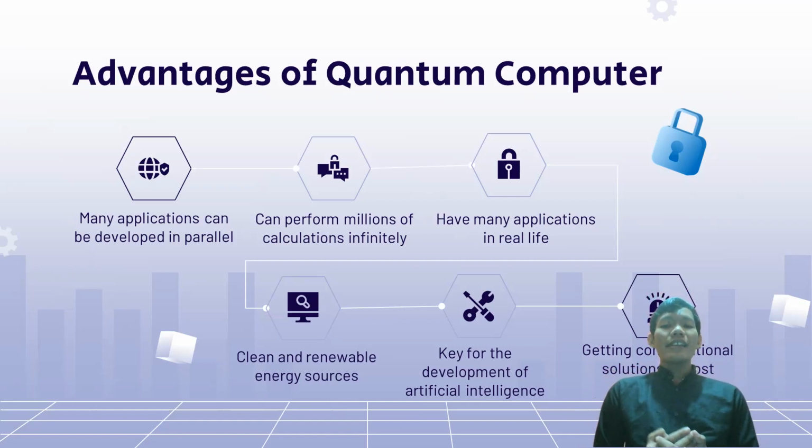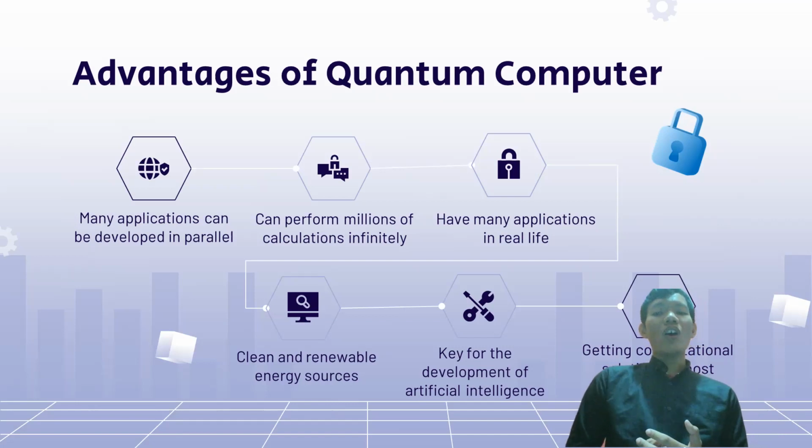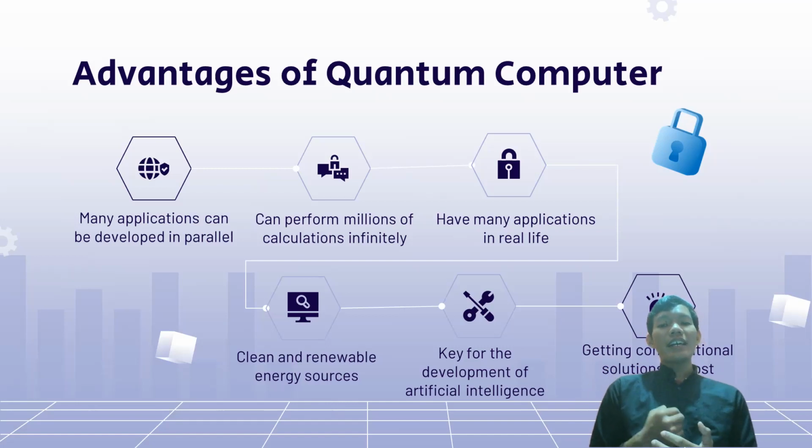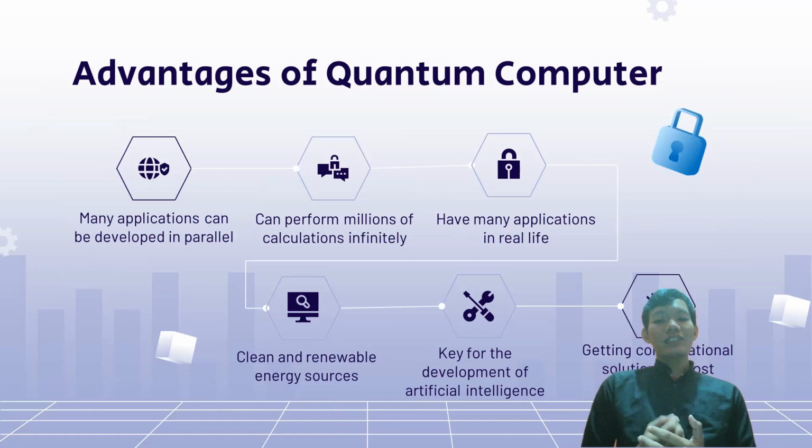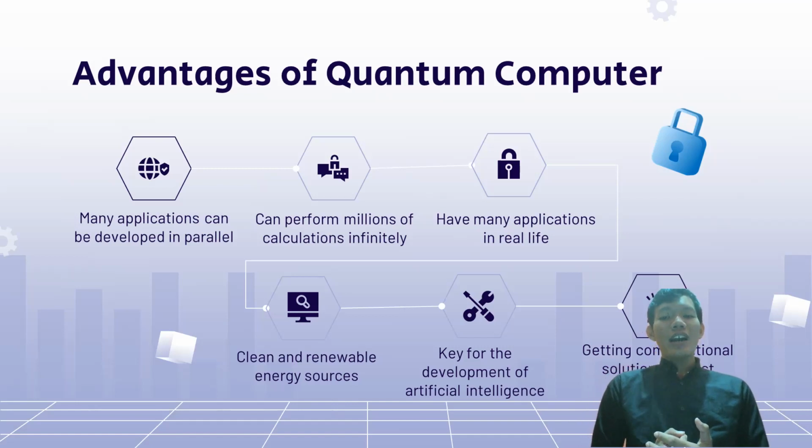Fourth, it's very important for the search and development of new clean and renewable energy sources. Fifth, it's a key technology for machine learning and for the development of artificial intelligence.